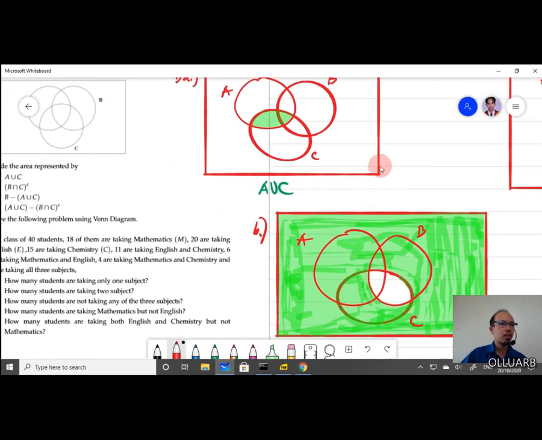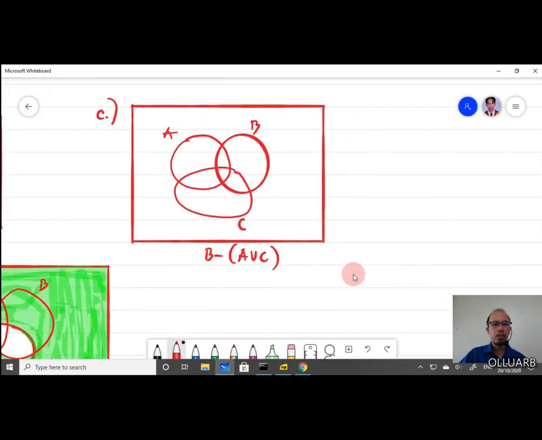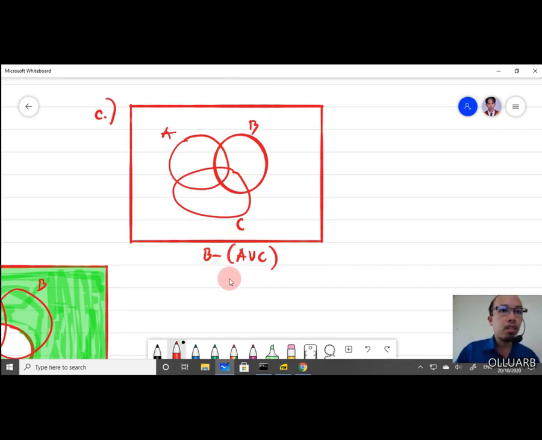Okay, let's go back. We have to shade the region represented by this problem. So first you have to get the union of A and C. The union of A and C is to shade all this region here, and then get the difference. So if you get the difference, the remaining shaded region is this one.